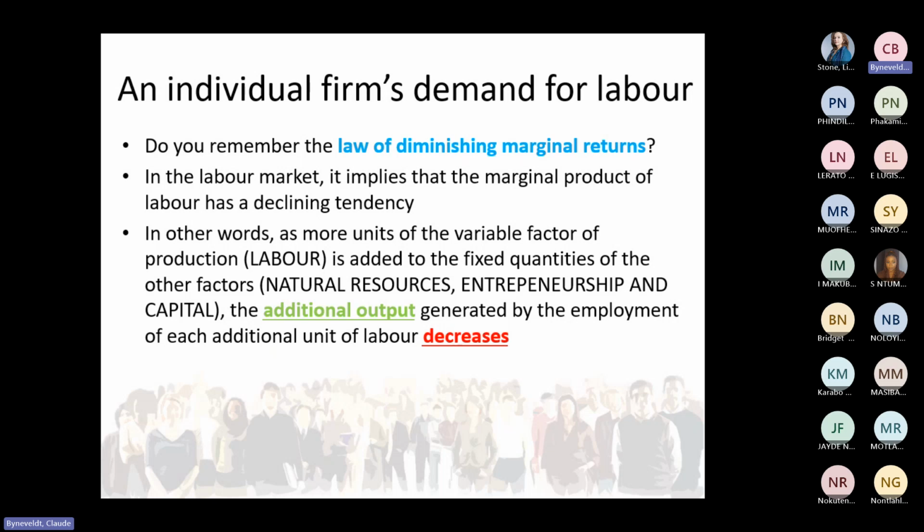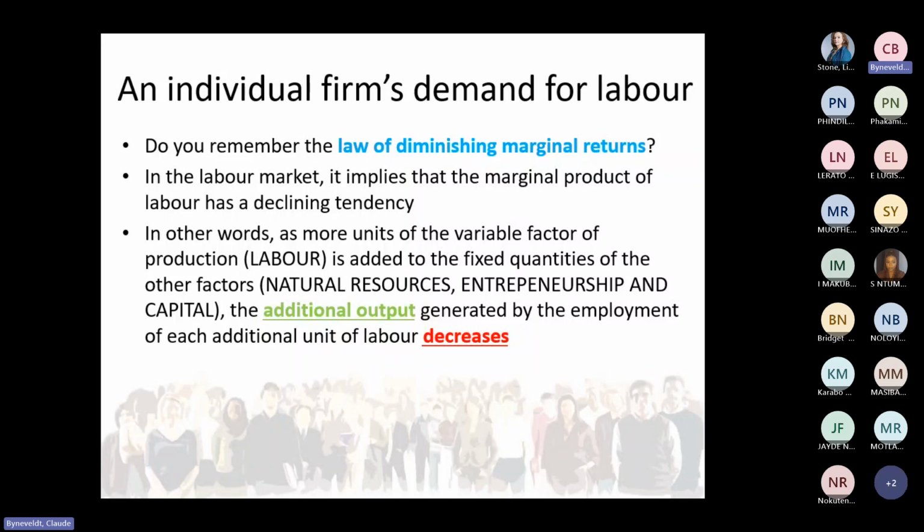In the case of the labor market, it implies that the marginal product of labor has a declining tendency. As more units of the variable factor of production, labor, are added to the fixed quantities of the other factors, natural resources, entrepreneurship, and capital, the additional output generated by the employment of each additional unit of labor decreases.